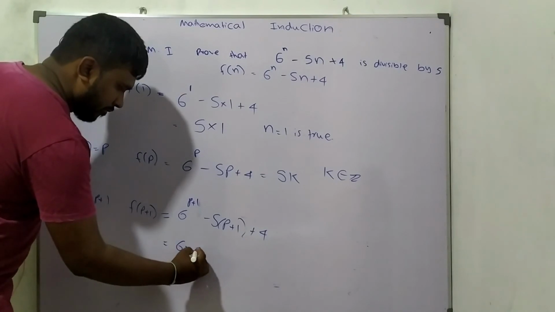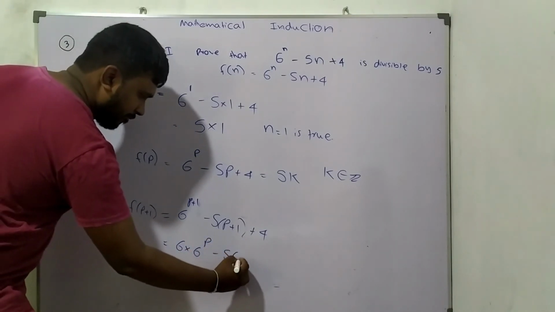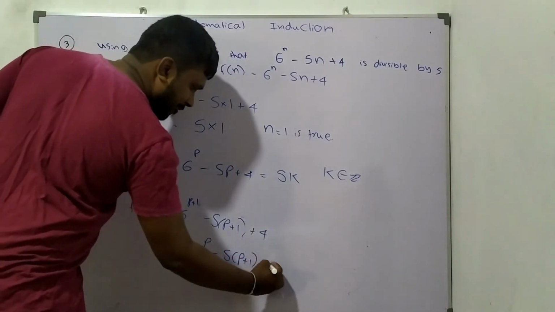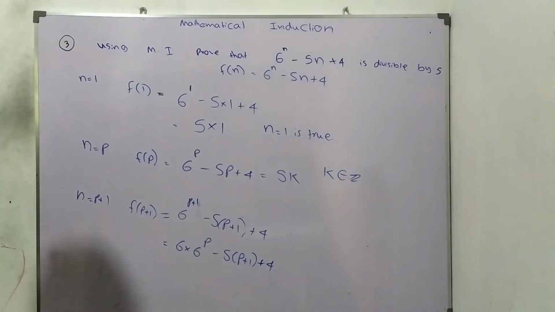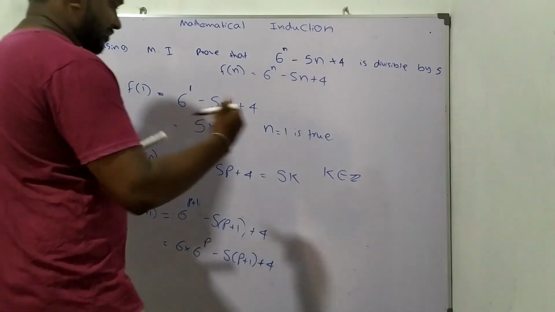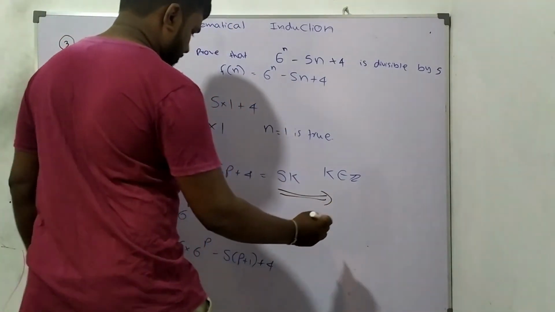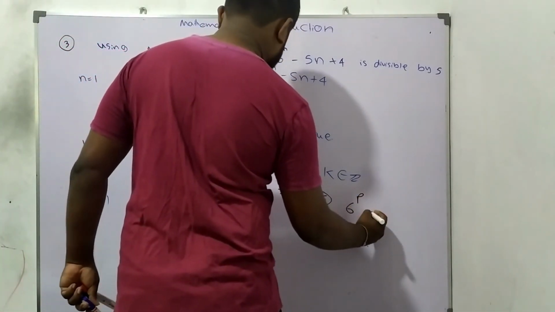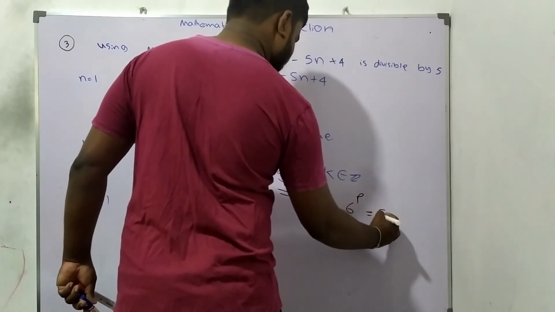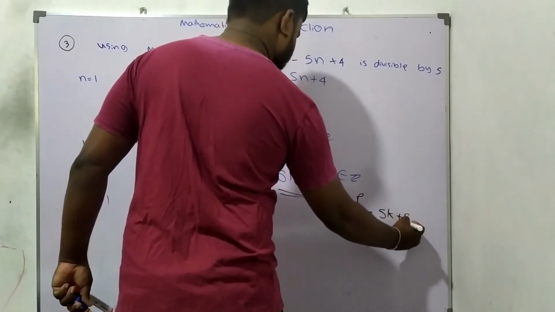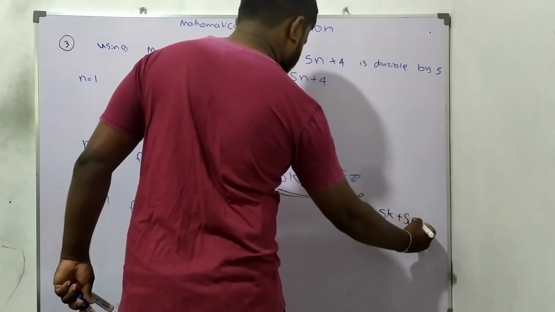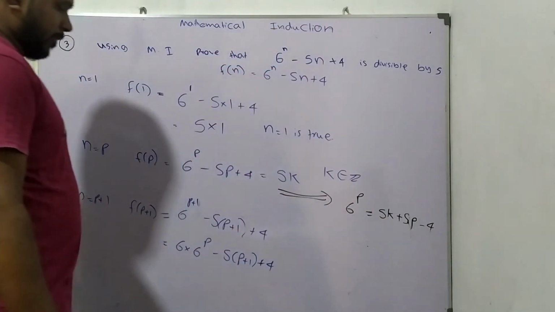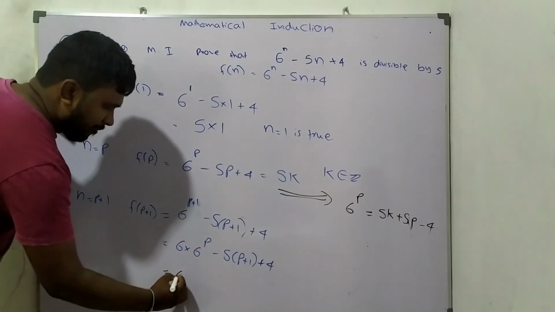And for n equals p plus 1, we are going to simplify it as in the previous one. I'm going to substitute n with p plus 1, using 6^p equals 5k plus 5p minus 4, so I'm going to substitute from there.